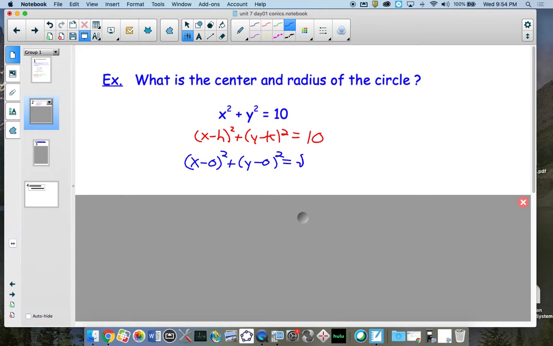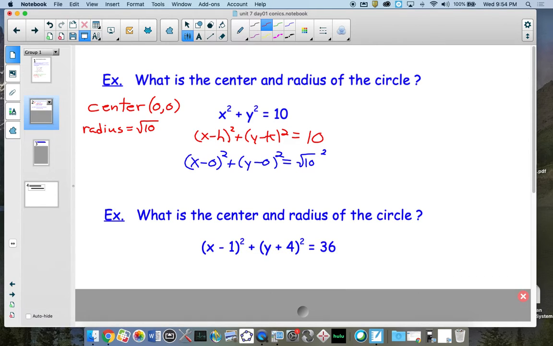And then 10 I can think of as the square root of 10 squared. So the center, in this case, is 0, 0, and the radius is the square root of 10. The radius can't be negative, so we don't have to worry about plus or minus root 10.